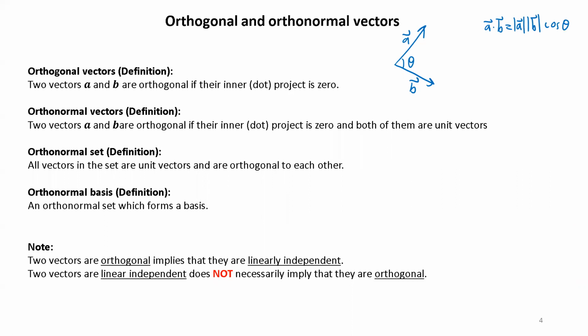Assuming both are not zero vectors, if theta is 90 degrees, then cosine theta will be zero, and A dot B will be 0. I think this is something you have learned already at some point: just taking the dot product will help you test whether two vectors are perpendicular, or orthogonal, to each other.